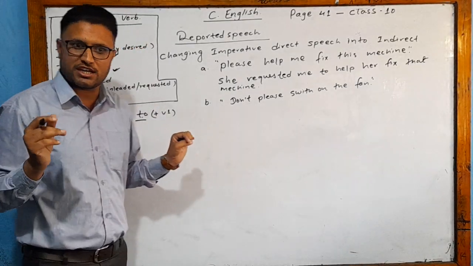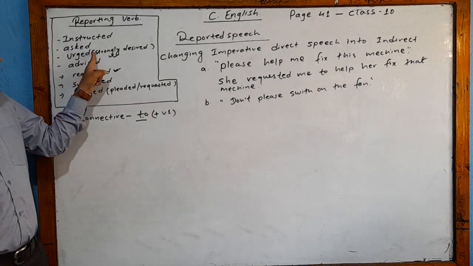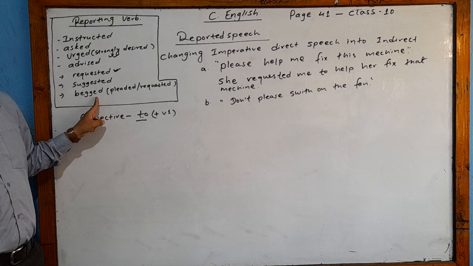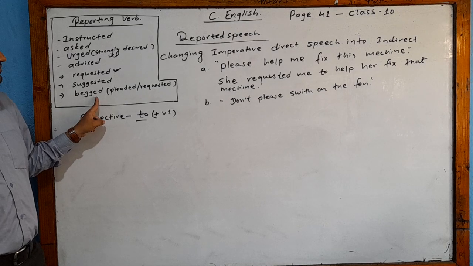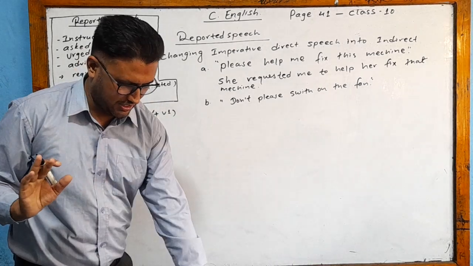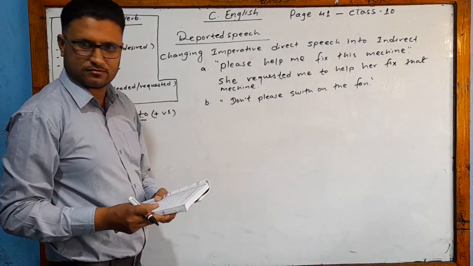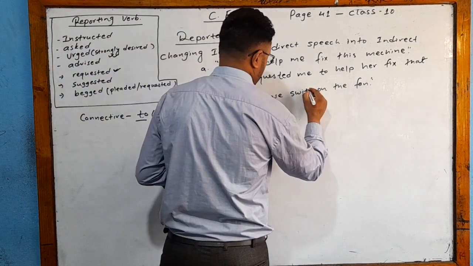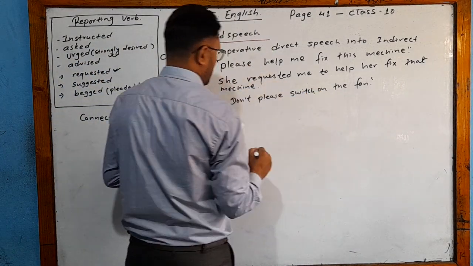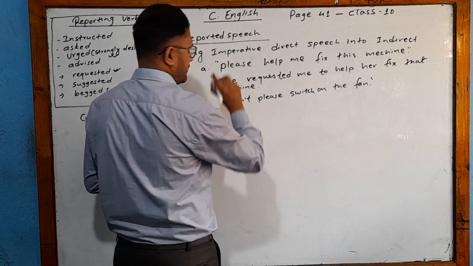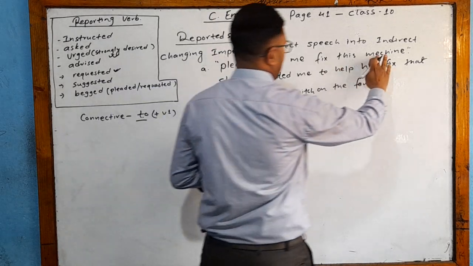Instead of requested, we can also use what? Begged. Begged can also be used. So let's write. So, the electrician. The switch spelling is wrong. Yes, S-W-I-T-C-H. And even the machine one: M-A-C-H-I-N-E. Yes, sorry. Please correct it.